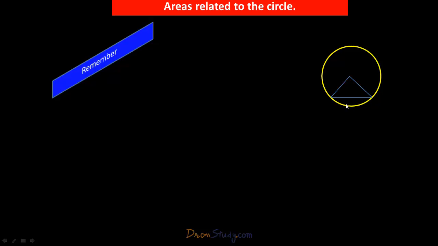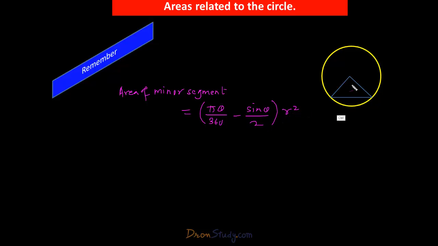This is the segment and the area of this segment is given by area of minor segment is equal to, into bracket, pi into theta by 360 minus sine theta upon 2, close the bracket, into r square. Theta is the angle between these two radii.